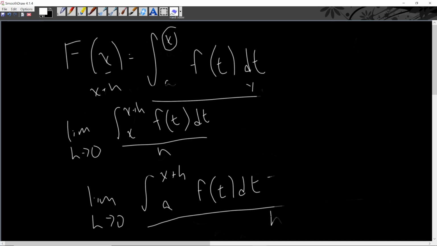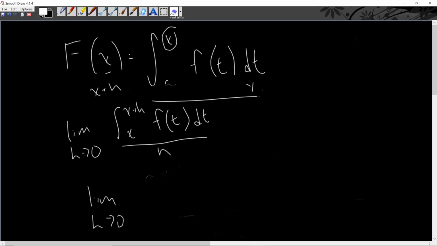We're just going to find the area under the curve of some interval, and then there's a subinterval of a smaller area under the curve. So if you were subtracting that area from the other area, you're just going to have what's left, which is the integral from x to x plus h.